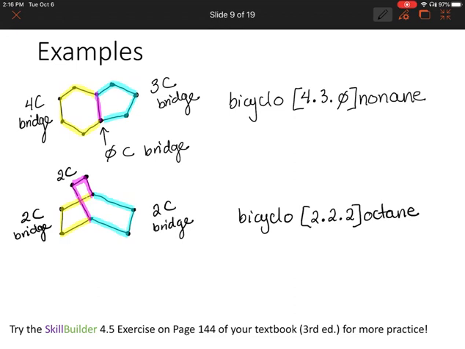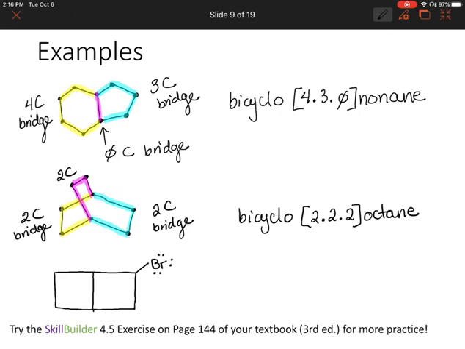Okay, let's do one more example, and this time we'll add a substituent. So we can see how to name a bicyclic ring system that has a substituent attached. Okay, so this time we have a bromine attached to our ring system.